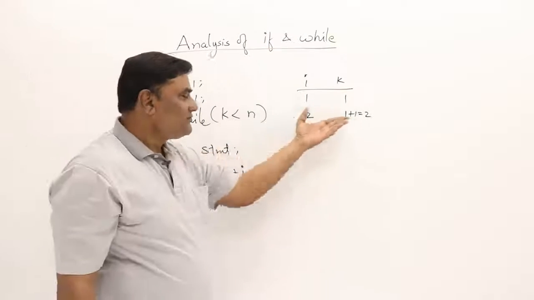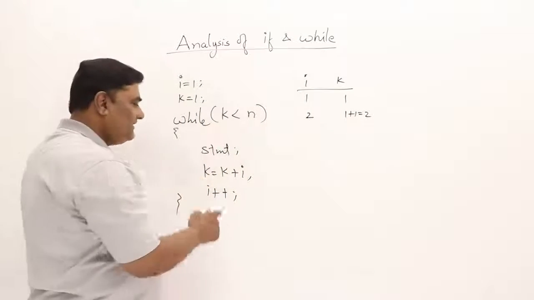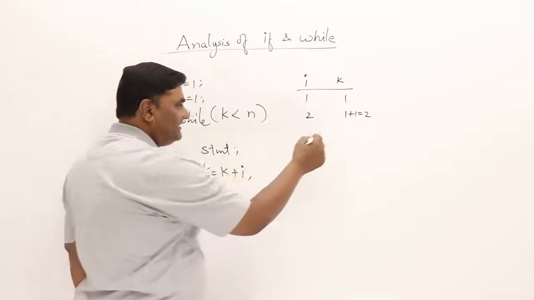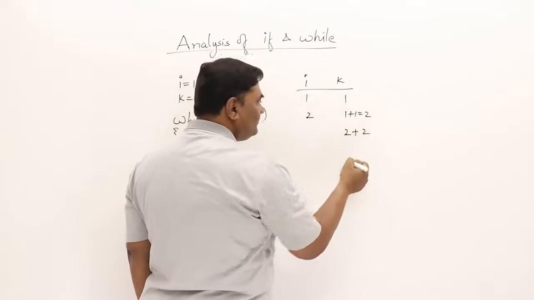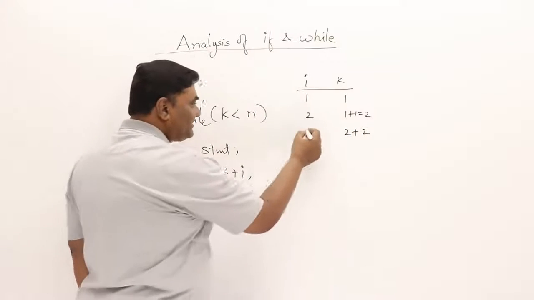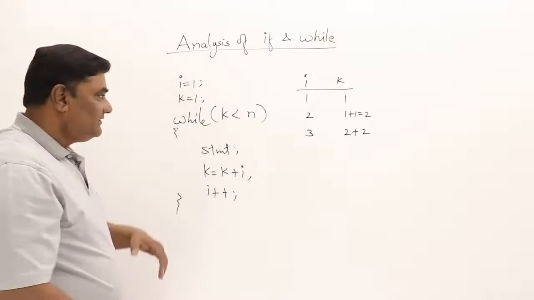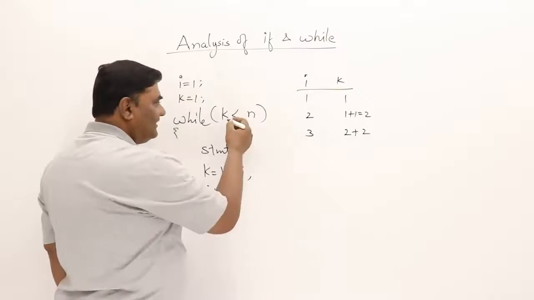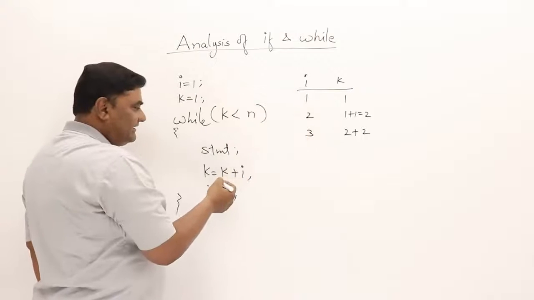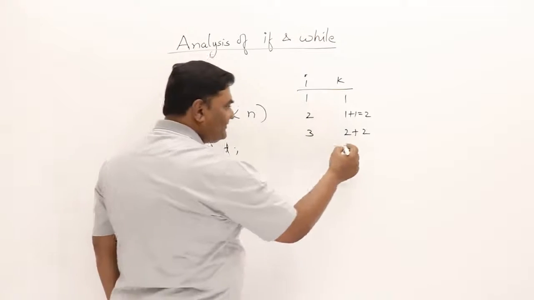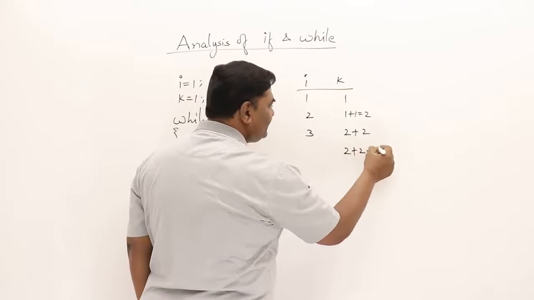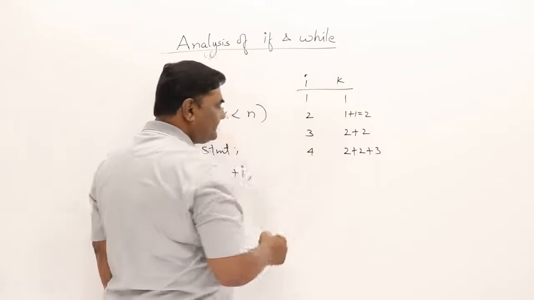Now assume k is 2, 2 is less than n. Then next k assign k plus i. So 2 plus 2, right? And i becomes 3. Then next time, again k, let us say it is less than n. So then k assign k plus i. So this is 2 plus 2 plus 3 and i becomes 4.